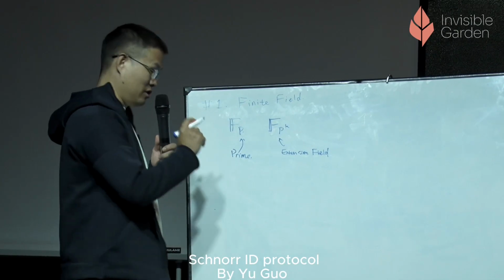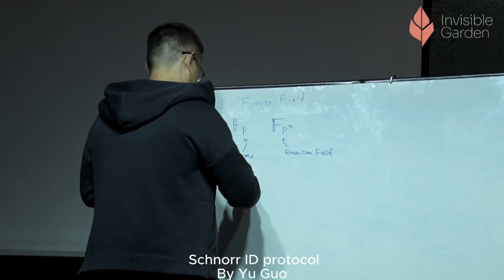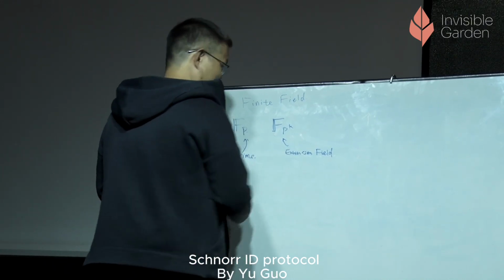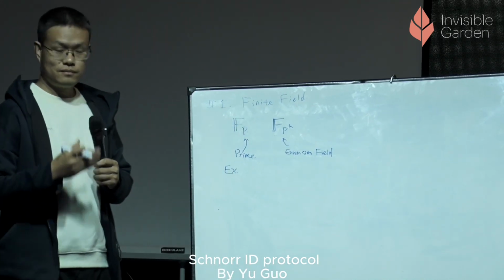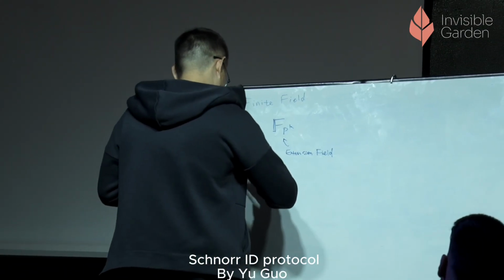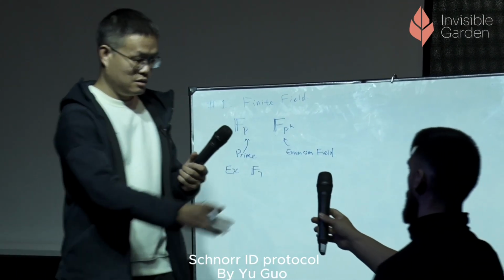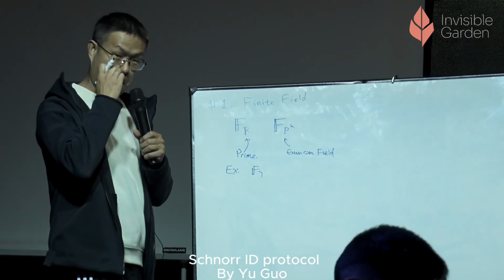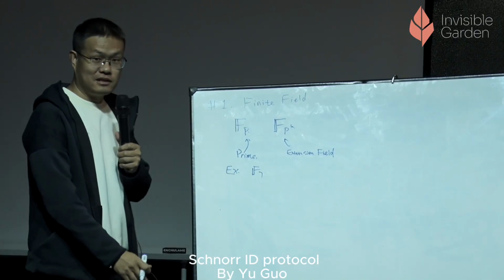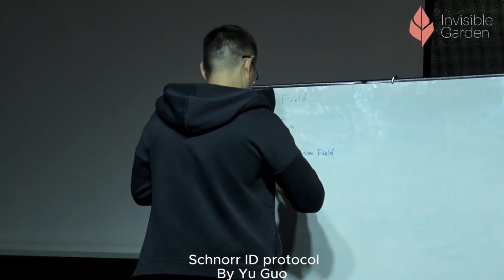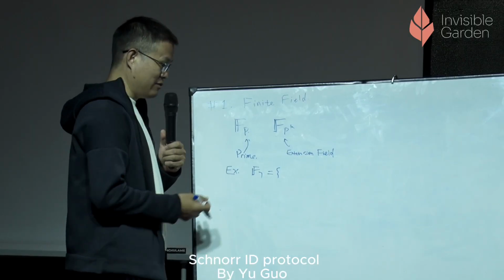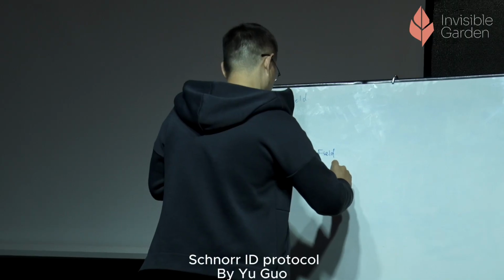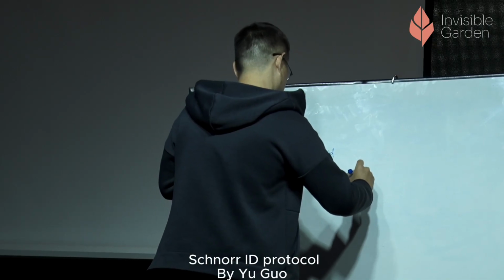Here I'll give you an example. 7 is a prime number, so F7 is a set with 7 elements: 0, 1, 2, 3, 4, 5, 6.